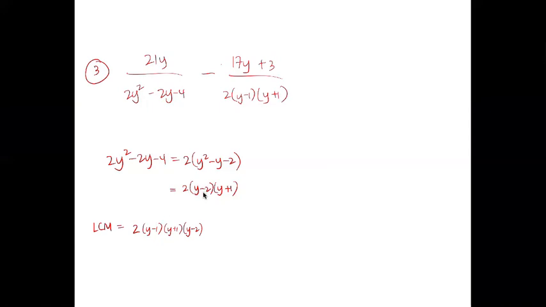And lastly, y minus 2, the power is 1 also. So the LCM is just this. Which means we can rewrite this difference as follows: 2, y minus 1, y plus 1, and then y minus 2.